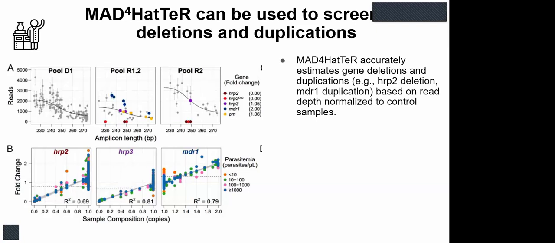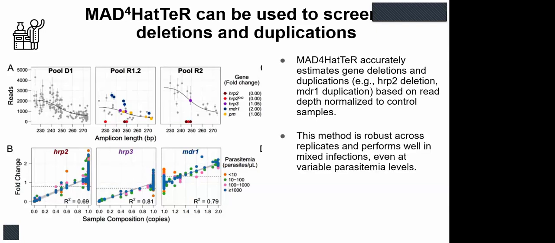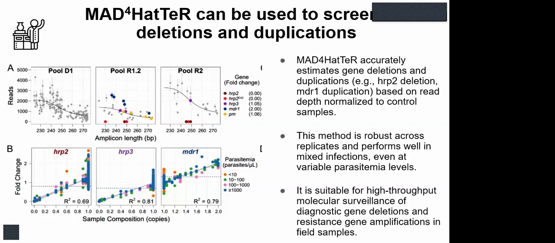And in part B, we have a good fold change of the different HRP2 and HRP3 deletions and MDR1 gene capture with the different parasitemia or parasite density levels. And this method shows that it's robust across replicates and performs well in mixed infections at variable parasite levels, which makes it suitable for high throughput molecular surveillance of diagnostic gene deletions and resistance gene amplifications in field samples.